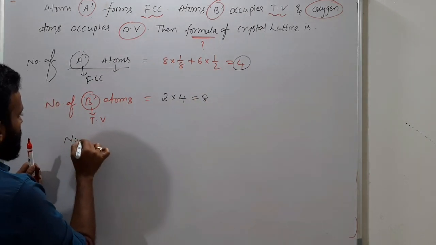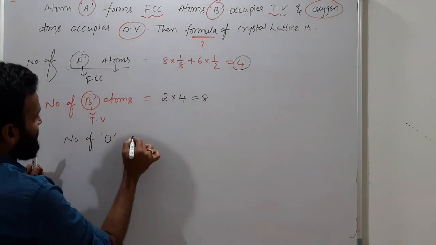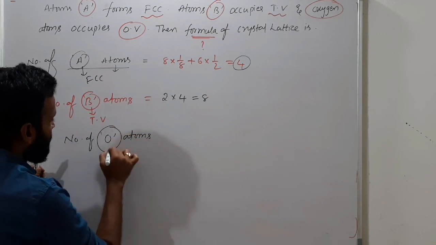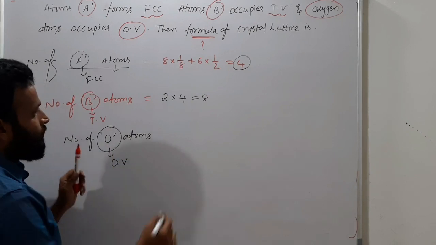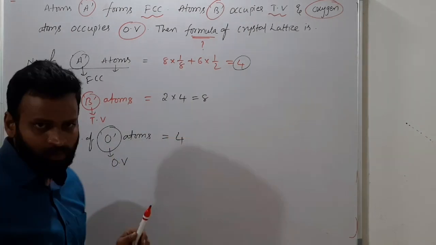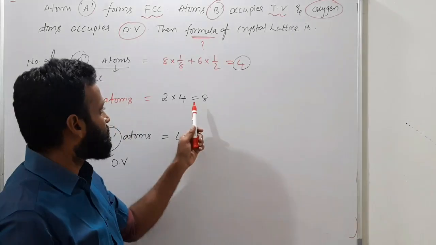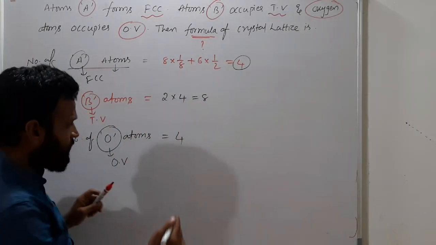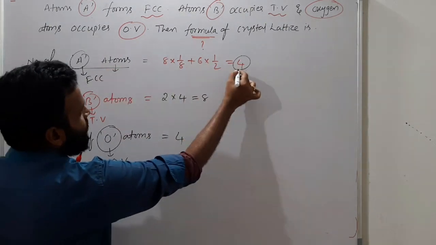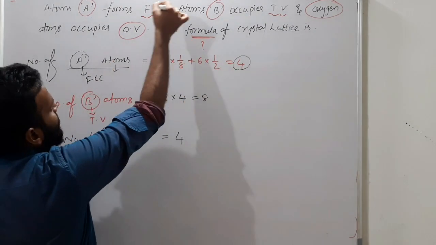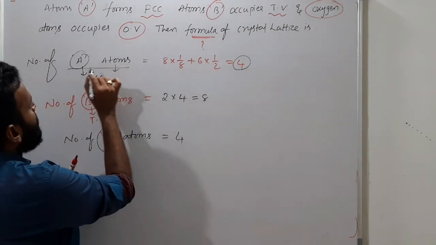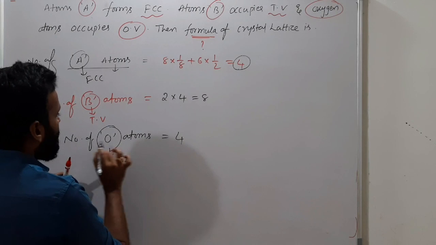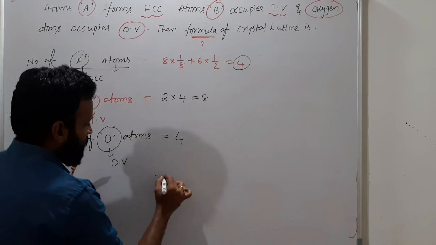How many oxygen atoms? Oxygen atoms are occupying where? Octahedral voids. That means only 4. So the number of tetrahedral voids means 8, the number of octahedral voids means 4. So the number of A atoms is 4, because A atoms form FCC. The number of B atoms is 2 into 4, 8. The number of oxygen atoms is 4. Therefore, what is the formula?